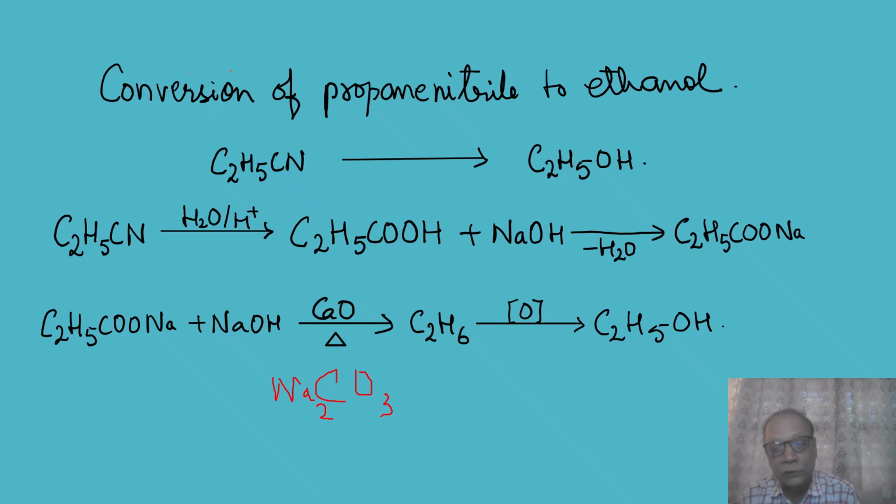So decarboxylation takes place and we get the alkane, which can be now oxidized to alcohol. Let's see another one. And I think this is the end of the 3 conversions.